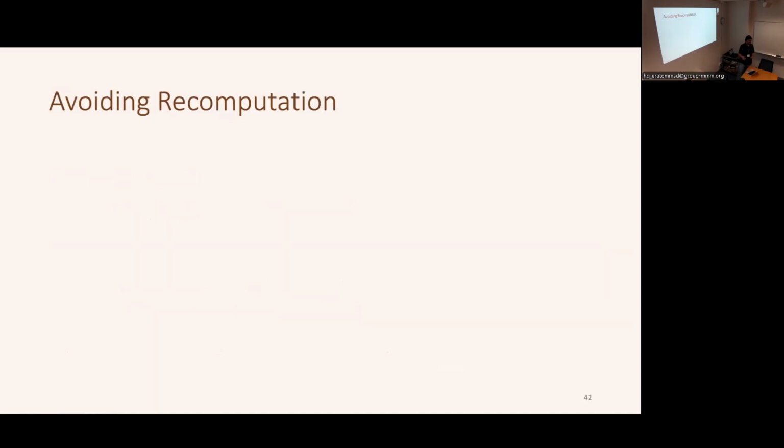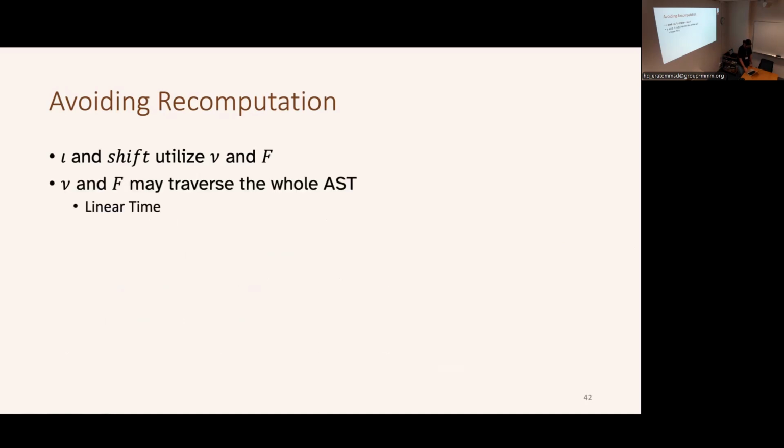So coming back to efficiency, we need to make some small adjustments to this data structure. Recall that the definitions of iota and shift utilize new and if. And new and if might look into the whole data structure, which might take linear time.